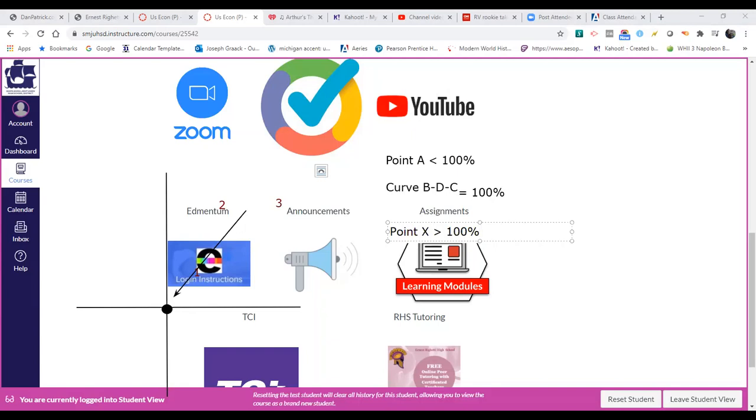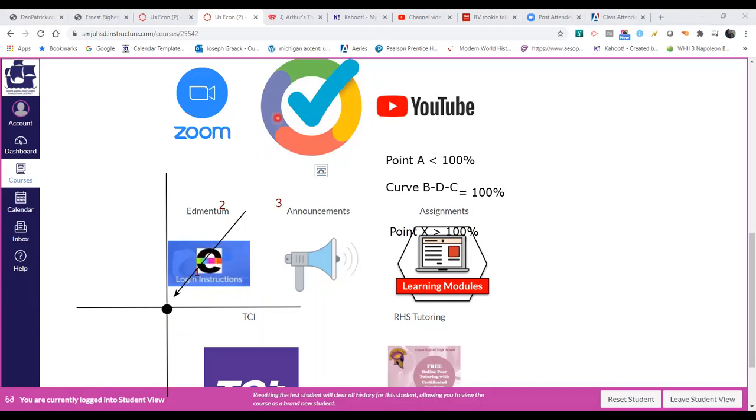Let me give you the reasoning why, since it's a little bit harder. We've got 3 areas. You've got this area 1, and this area 1 includes everything in this area that is closest to the origin.